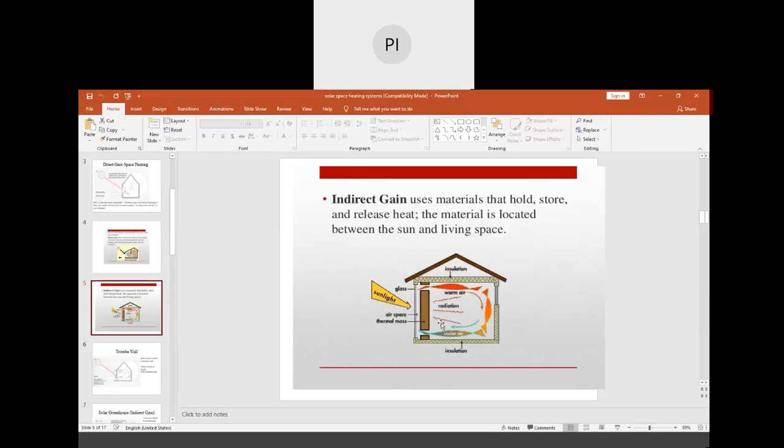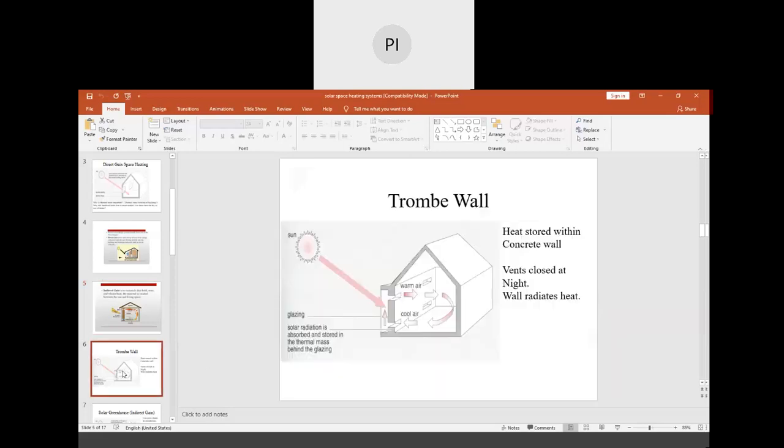This is a simple phenomenon and very low cost, but the disadvantage is in keeping this material: an efficient person is necessary to keep this material in a proper way. This is the Trombe wall. Trombe wall means heat stored within the concrete wall.